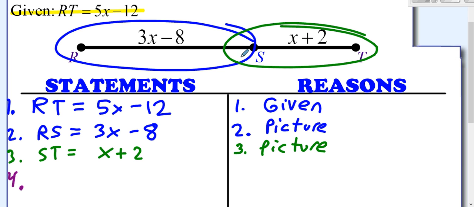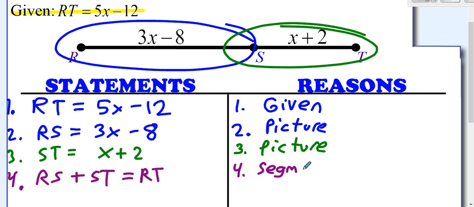The two parts, RS plus ST, add up to equal the whole thing, RT. That's segment addition postulate.